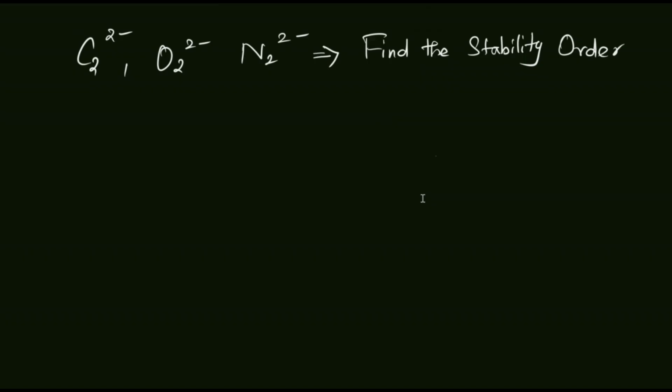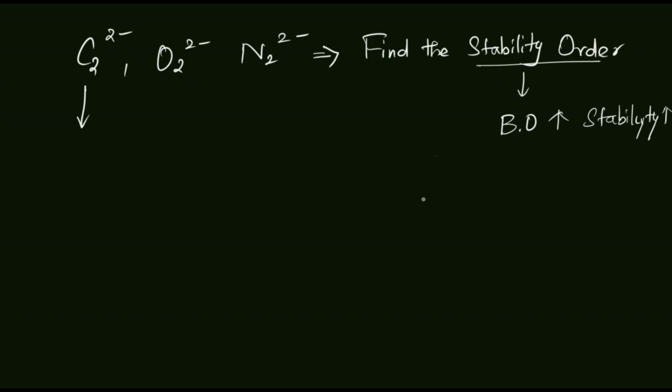Then find the stability order of these ions. First of all, stability order is related to bond order. If bond order is more, stability is also more. That is the relation. So what is the bond order of C2 2-?